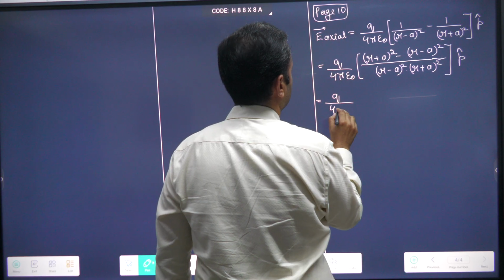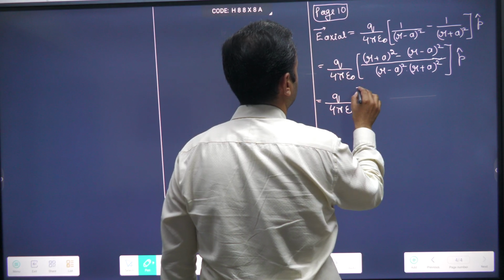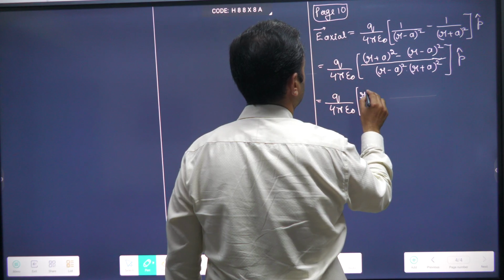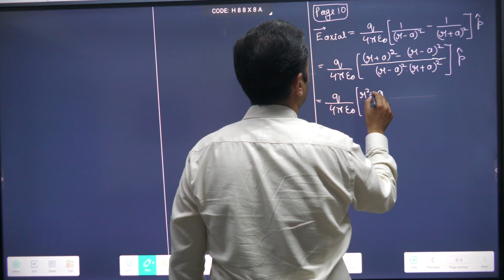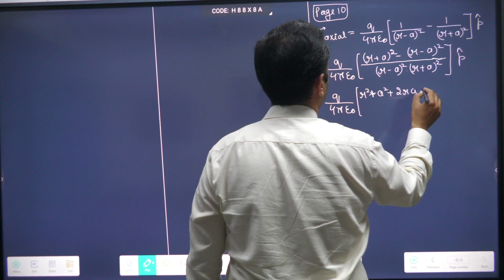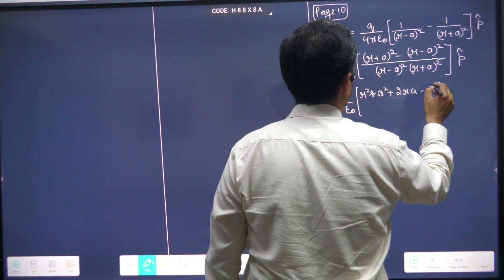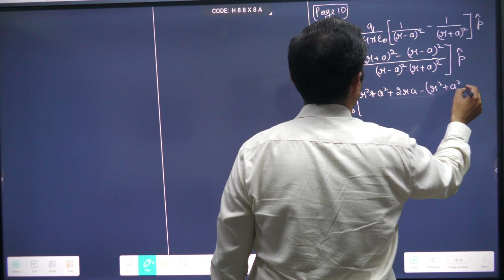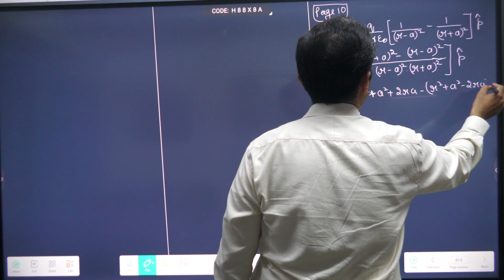Now q upon 4 pi epsilon naught, r plus a whole square, so r square plus a square plus 2ra minus r square plus a square minus 2ra.